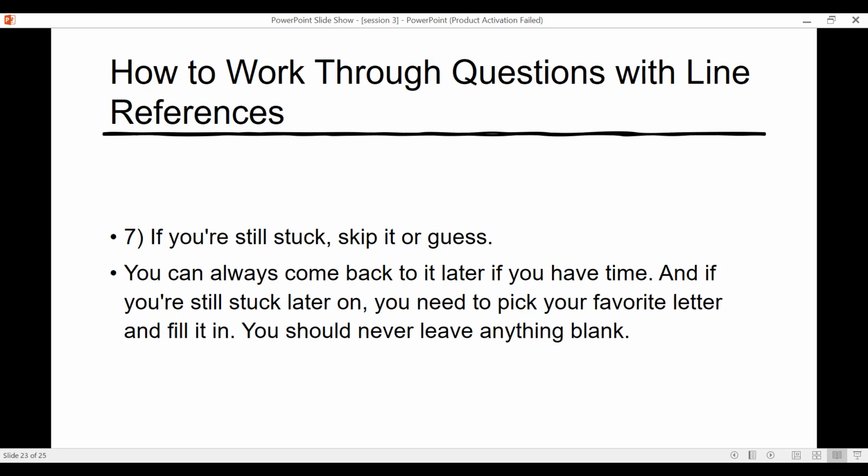We agree that most of the time we want to be very sure of 100% of the right answer, but you can be very sure of the very incorrect answers. Okay, guys, so you can pick the right answer based on the other incorrect ones. You can always come back to it later if you have time. And if you're still stuck later on, you need to pick your favorite letter and fill it in. You should never leave anything blank.